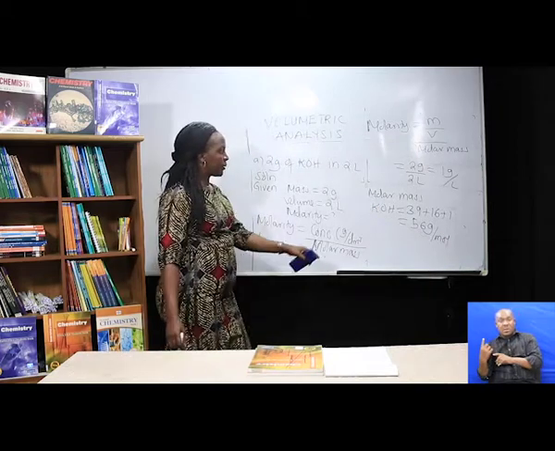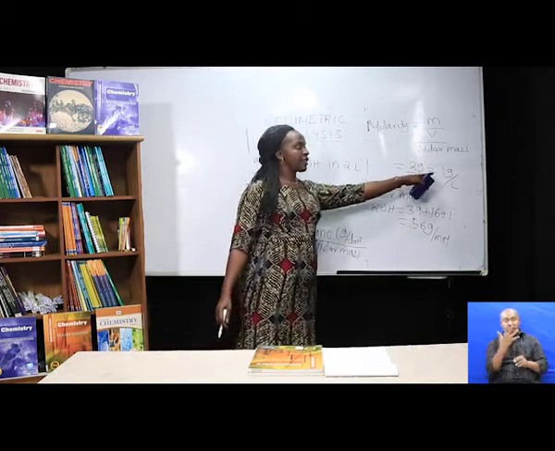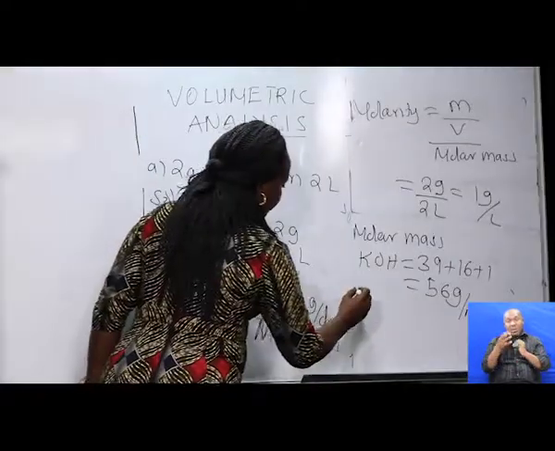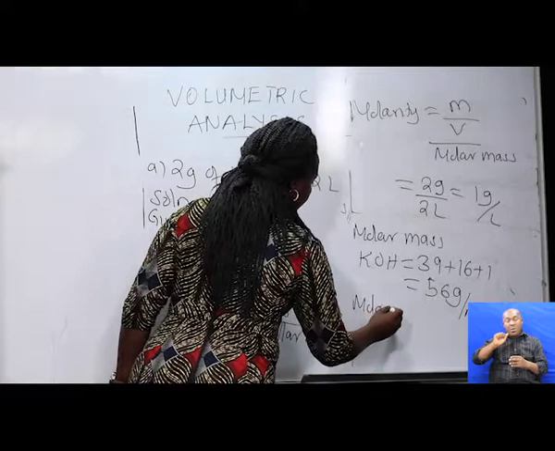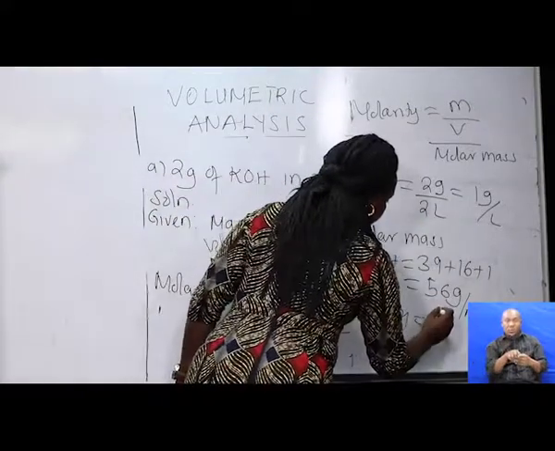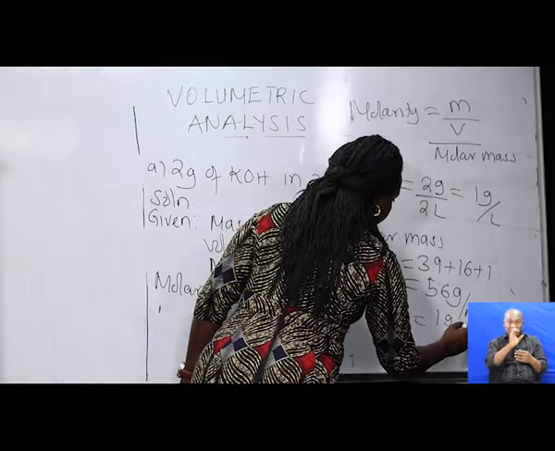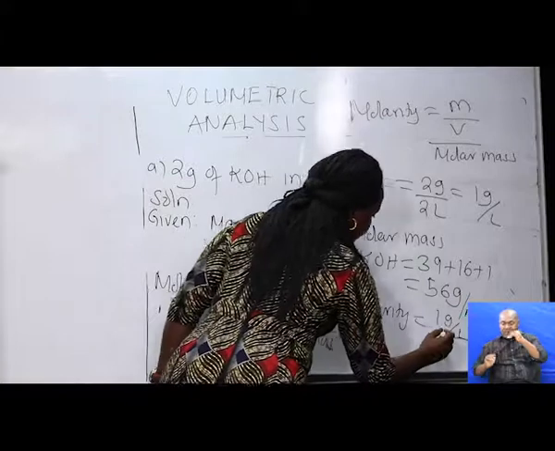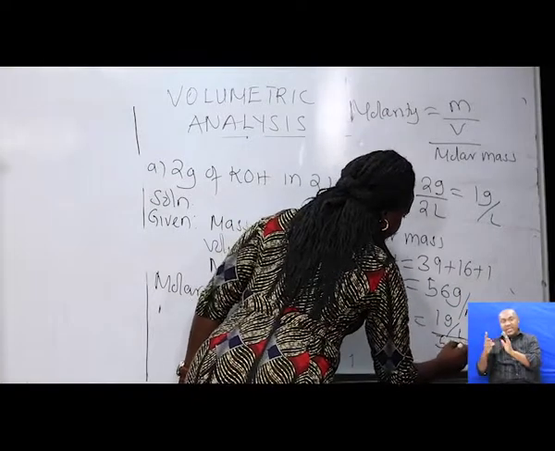Since we have the molar mass and we have the concentration, now we can plug the numbers into molarity. Therefore, molarity is equal to the concentration, 1 gram per liter, divided by the molar mass, 56 grams per mole.